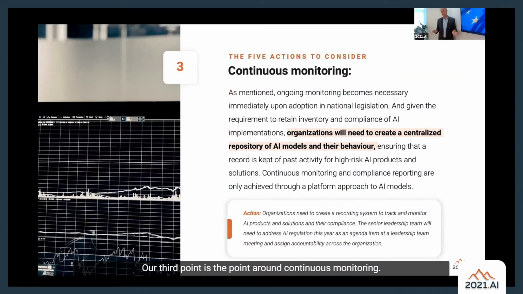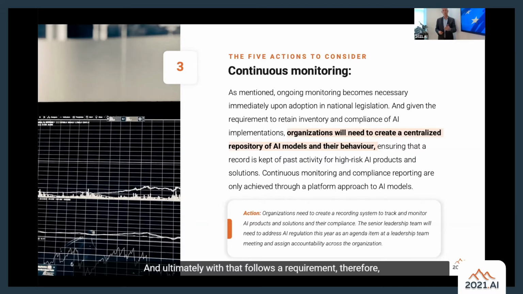Our third point is the point around continuous monitoring. Now, as I said early on, you likely don't know the exact number of applications that run across your organization. Certainly, if your organization is a larger organization, it's highly likely that this week a new piece of software was brought in a department somewhere in your organization.